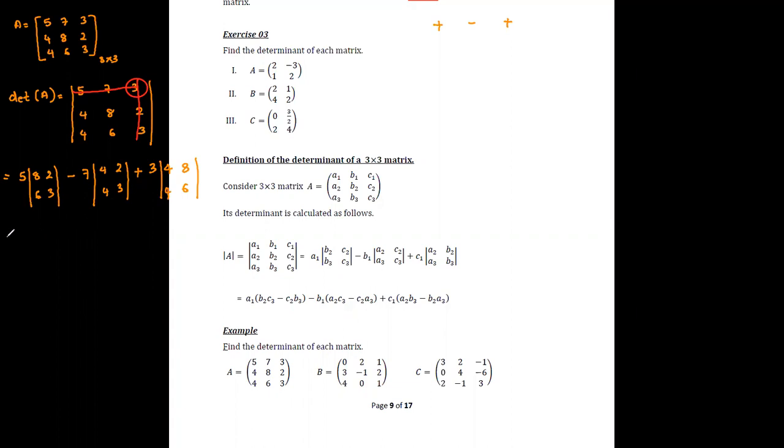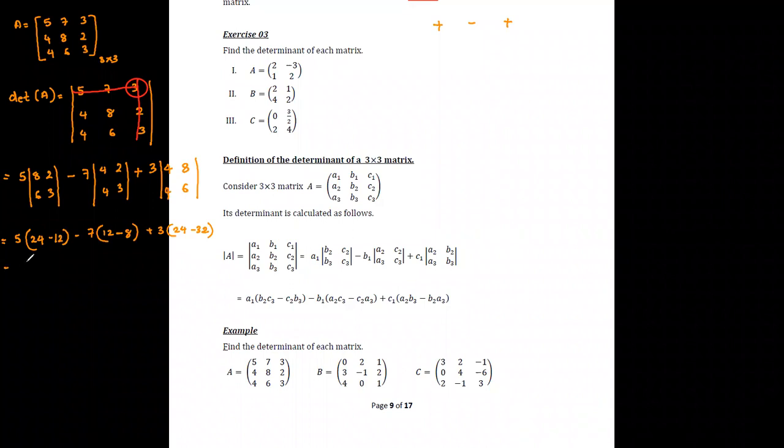Once you perform the calculation, now it is 5 times 8 times 3, 24 minus 12, 7 times 4 times 3, 12 minus 4 times 2, 8 plus 3 times 4 times 6, 24 minus 4 times 8.